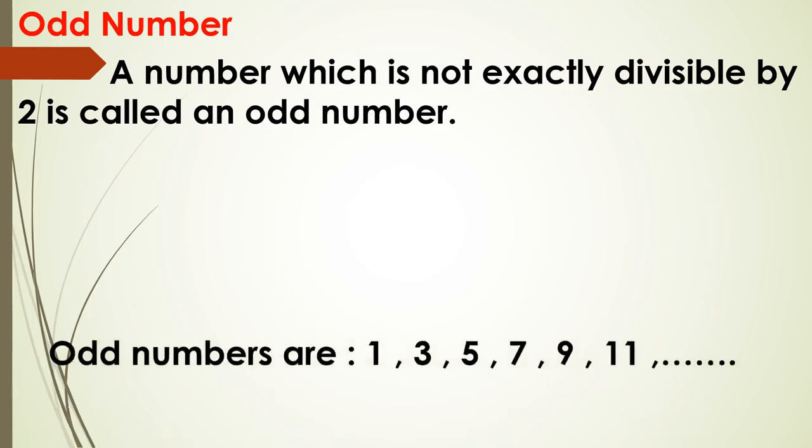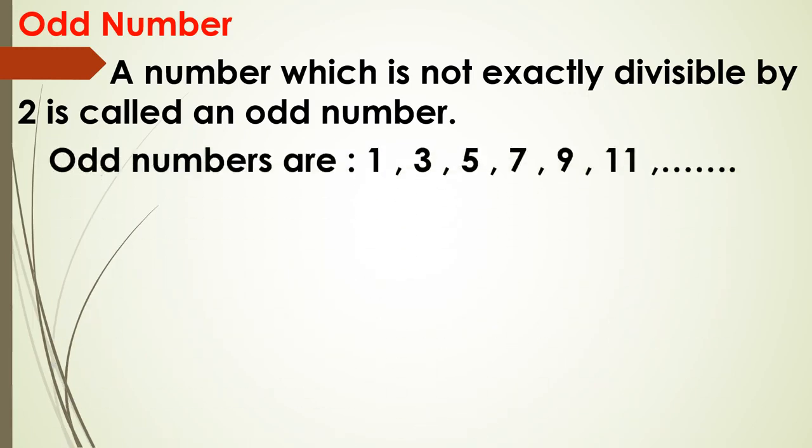See some examples of odd numbers: 1, 3, 5, 7, 9, 11 and so on. As the even numbers are infinitely many, the odd numbers are also infinite. We can't count odd numbers either.